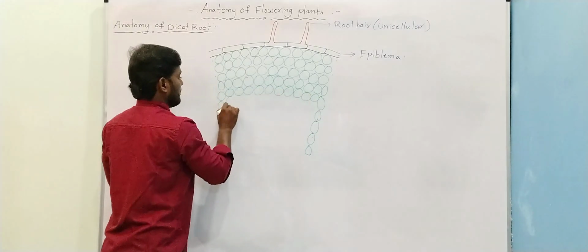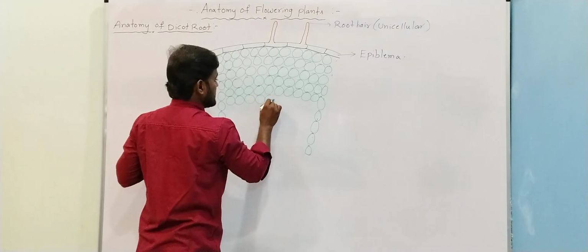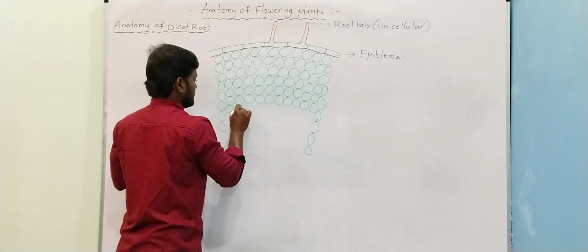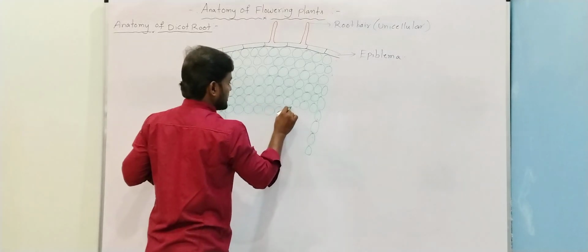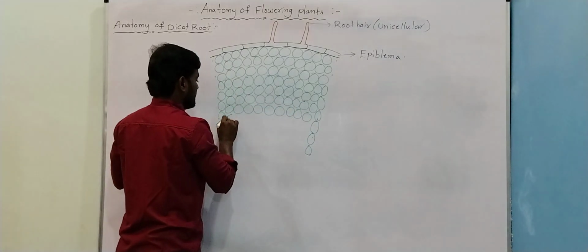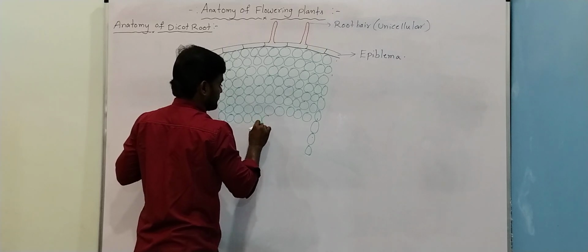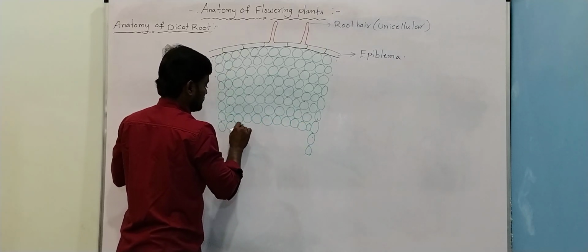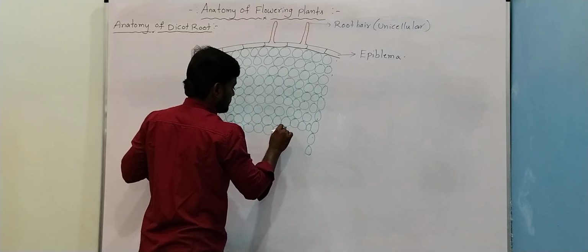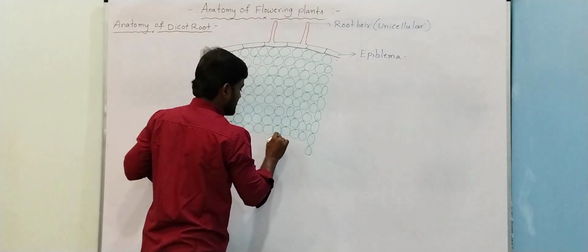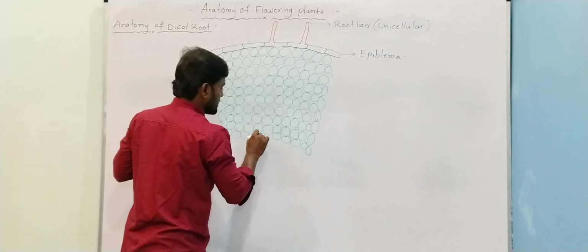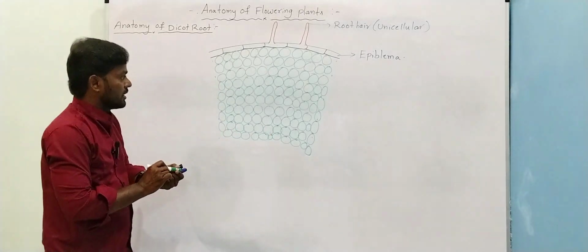So the hypodermis layer is absent, and this is a cortex layer. And next, the innermost layer of the cortex is called endodermis.